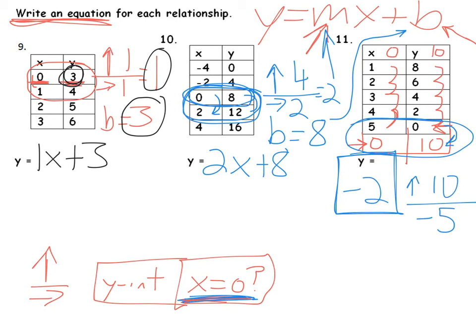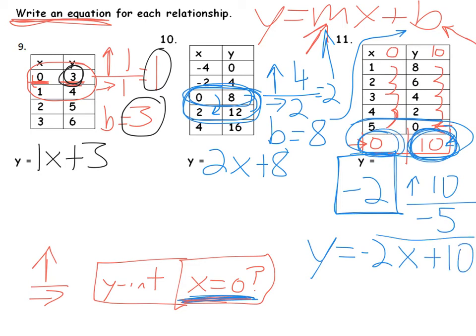To write my equation, I just put in the slope, negative 2x, and I put in whatever the y value is when x equals 0, plus 10. And that is the equation for the final question.